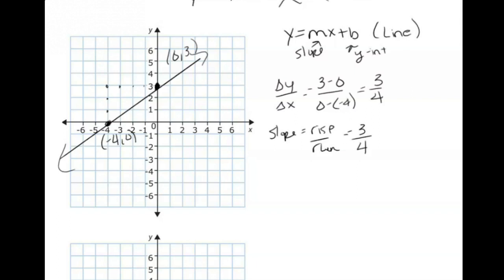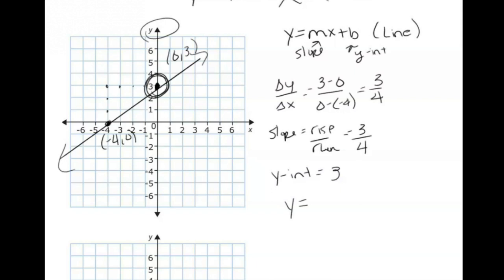And then in order to identify the y-intercept, for all of these, they make it really easy. Simply look at the point through which the function crosses the y-axis. So the y-axis is always this one going up and down, right? Where does this thing cross? It crosses at 3.